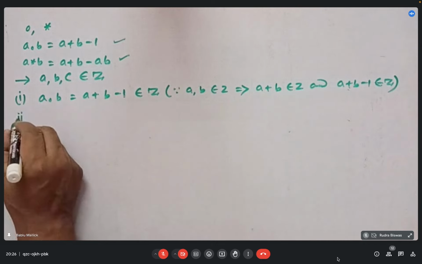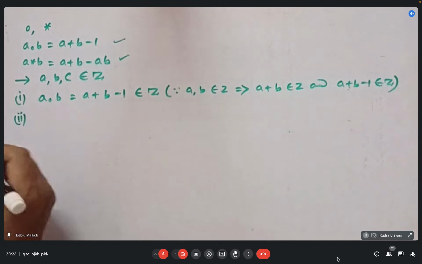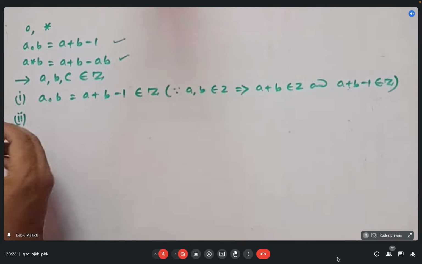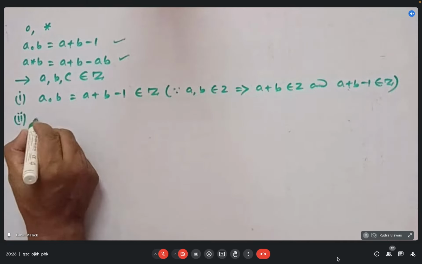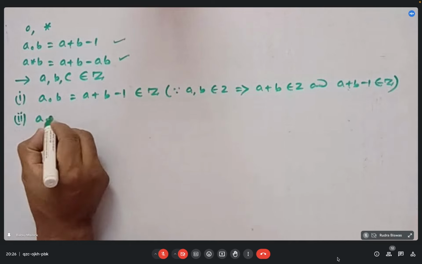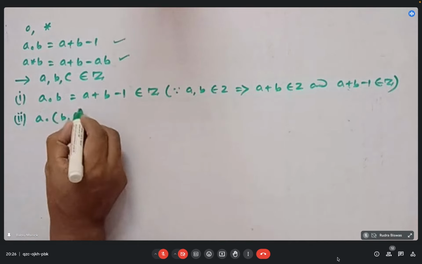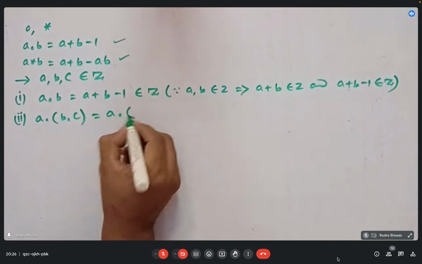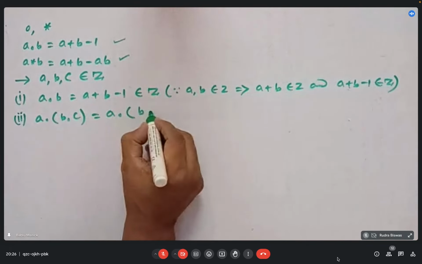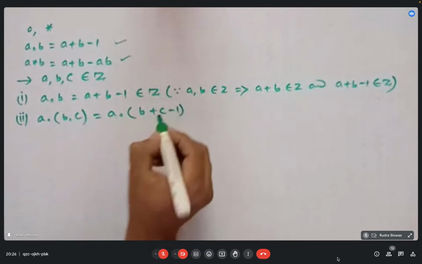Number 2, check associative. A O B O C, this is equal to A O (B O C), meaning B plus C minus 1.